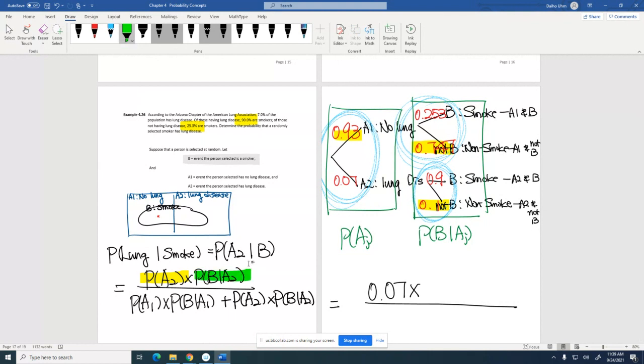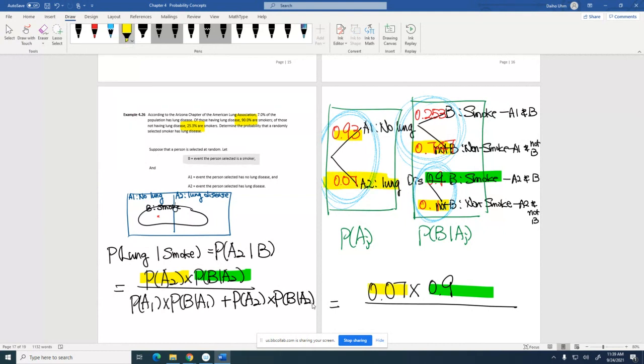Which one is the B given A2 from the tree diagram? 0.9, thank you, yes. 0.9 is the conditional probability B given A2.